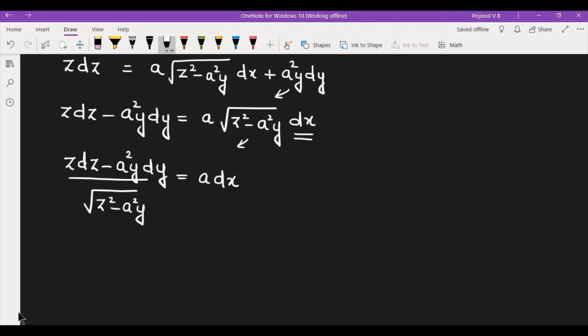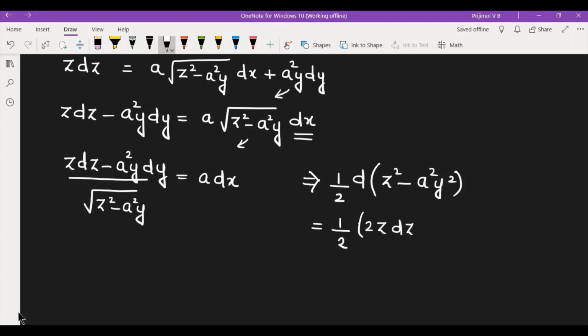Now if you carefully observe, the numerator is nothing but the derivative of 1 by 2 d of (z square minus a square y square). If you want to solve this further, 1 by 2, the derivative of z square is 2z dz minus the derivative of a square y square, which is a square into 2y dy.